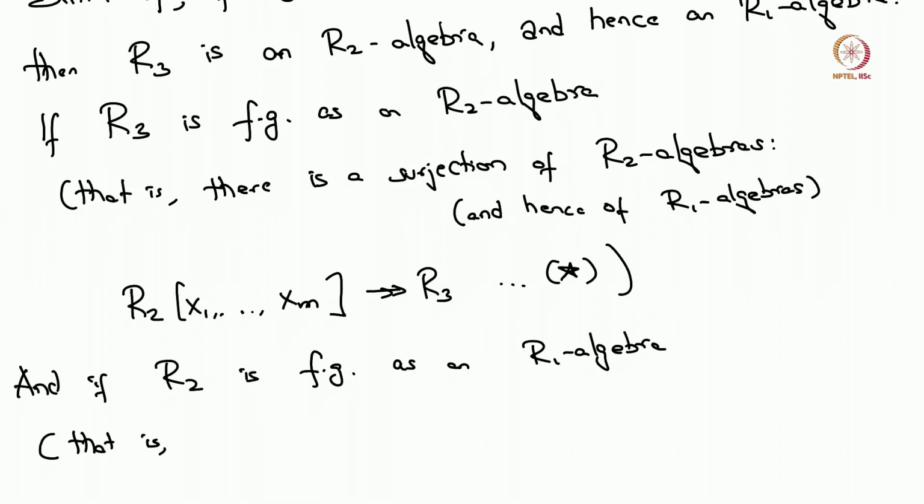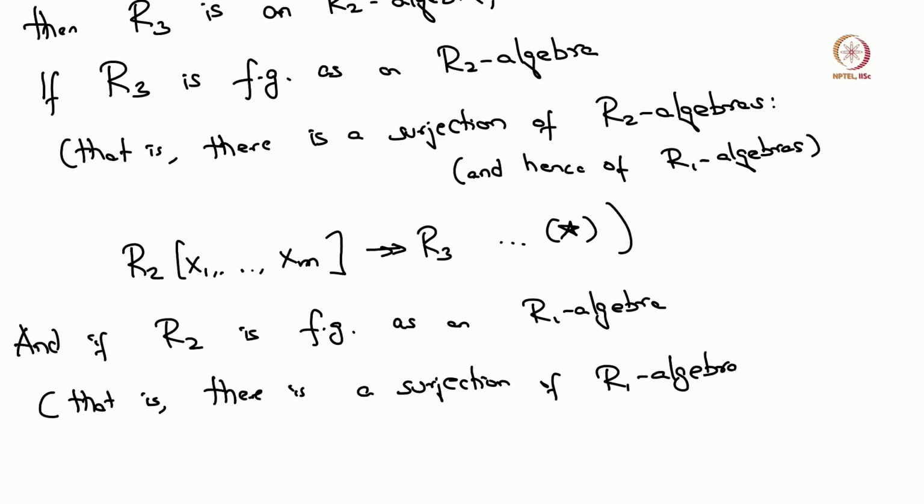It just means that there is a surjection of R1 algebras, where you have this polynomial ring in say y1 up to yt, these t variables, that surjects onto R2. Okay, and let's call this star star.